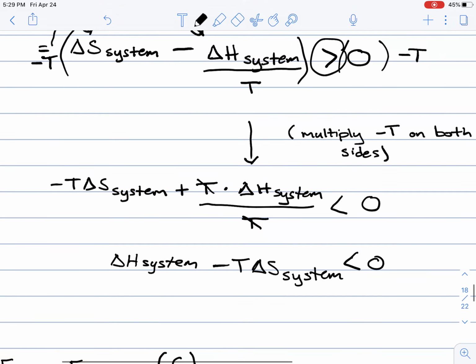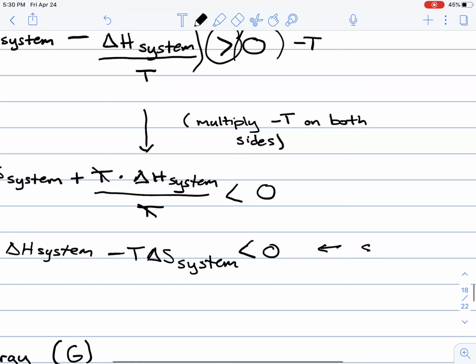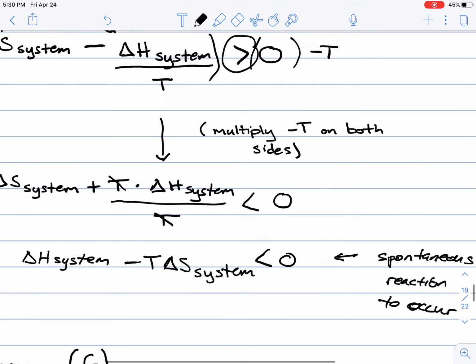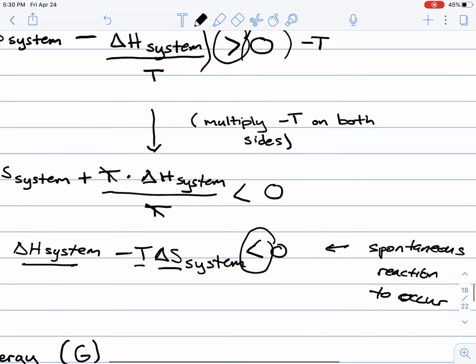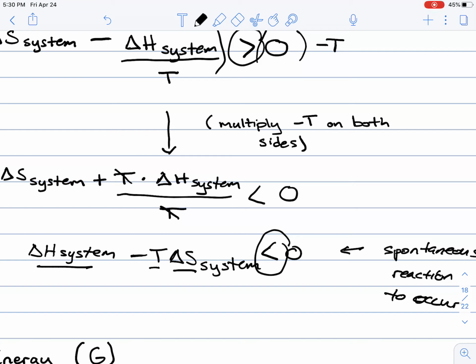And so this is telling us that for a spontaneous reaction to occur, the enthalpy of the system minus the temperature times the entropy of the system must be less than 0. Okay? And so this is the definition that we're going to apply for the Gibbs free energy.